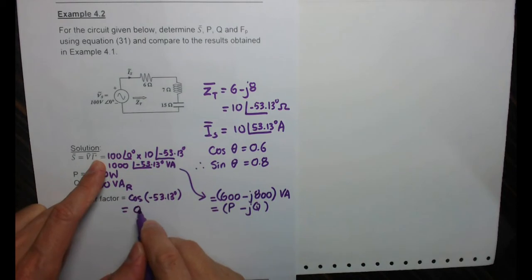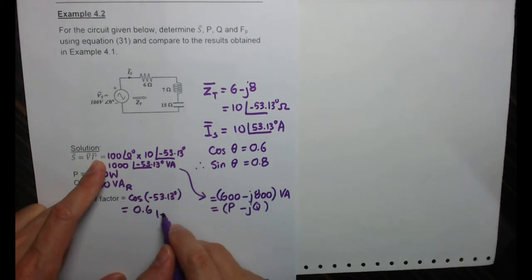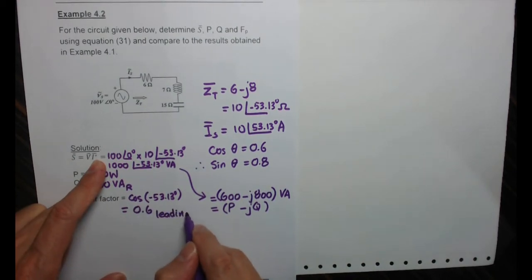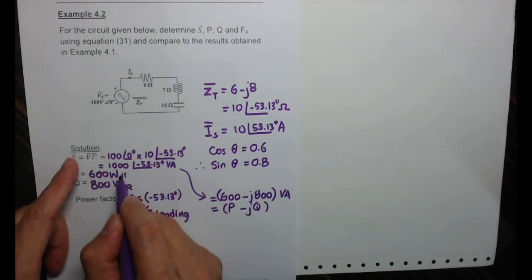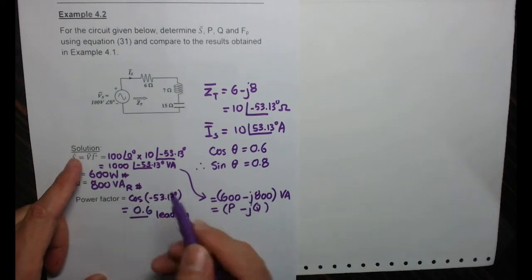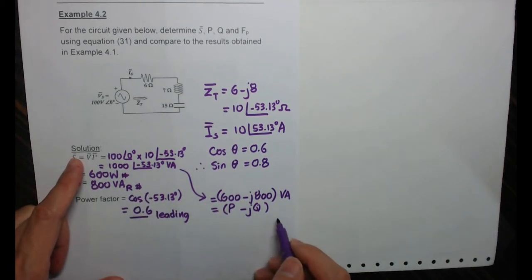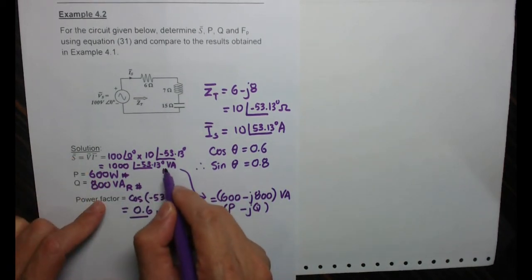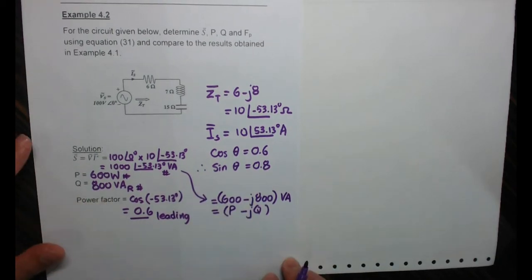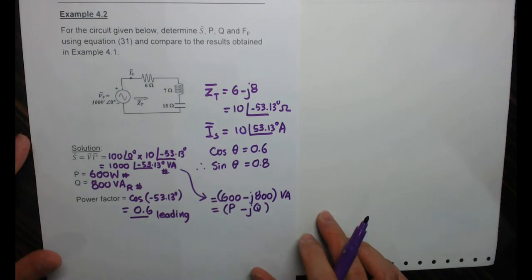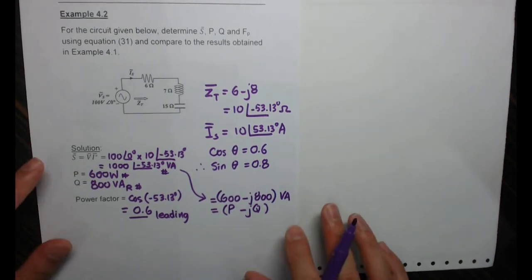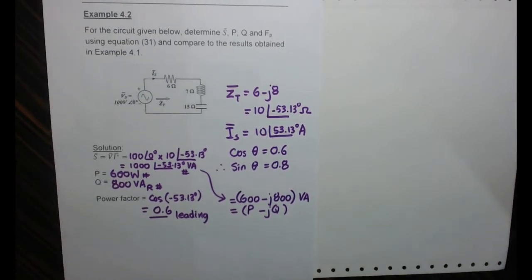So that gives me 0.6 leading, right, leading to the same answer as our earlier question. Right, comparing to what we used earlier. So this is another way of getting the same answer.